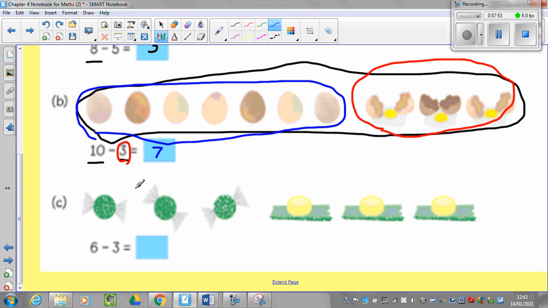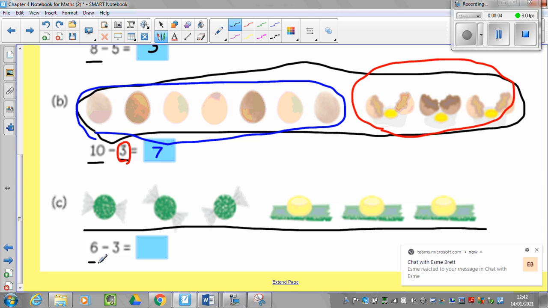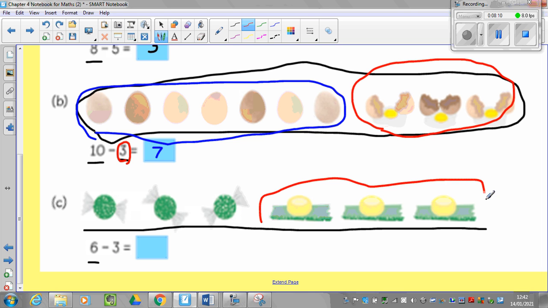Okay, last one that I will show you then. I've got some sweeties here. How many sweeties have I got all together? I have got 1, 2, 3, 4, 5, 6. 6 sweeties all together. And 3, 1, 2, 3, have been opened. How many sweets do I have left that have not been opened?